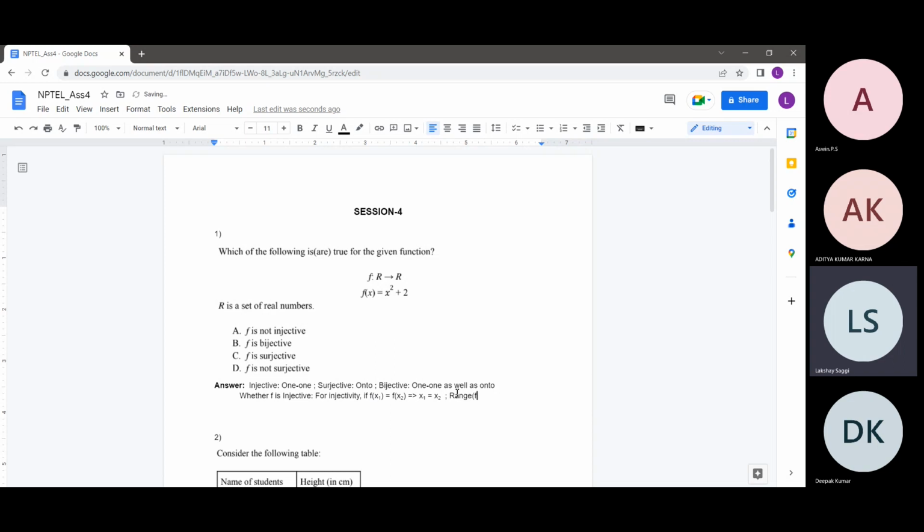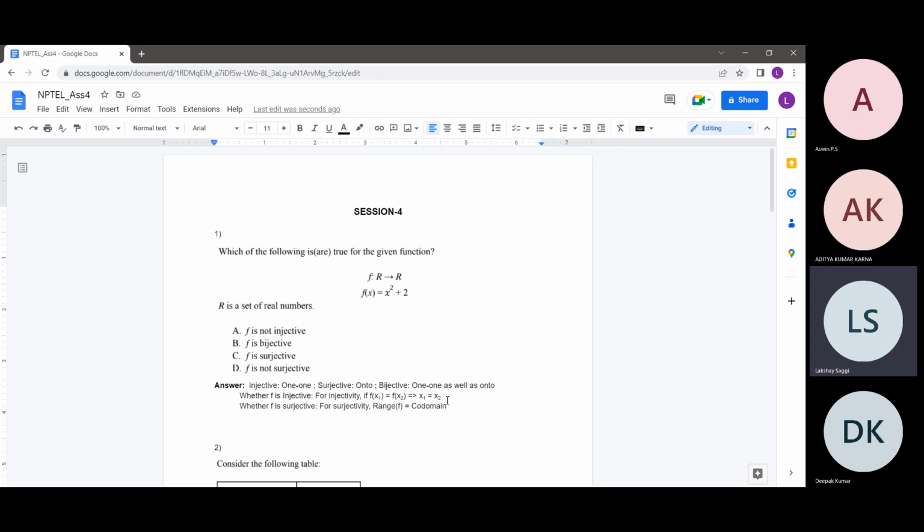For surjectivity, the range of f should be equal to the codomain, and the codomain is the right side where the function is defined. Here the function is from R to R, so the right side of the arrow is R. So the codomain here is R. These definitions I'm writing for the first question only, and we'll assume them for later questions as well, just as a reminder, guys.